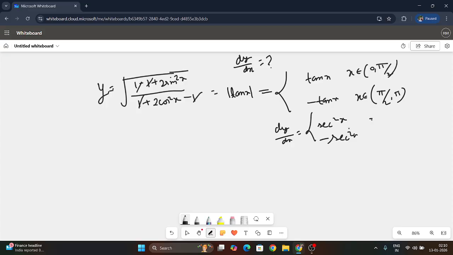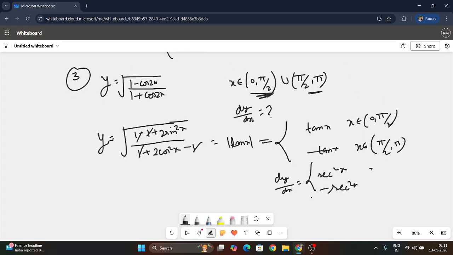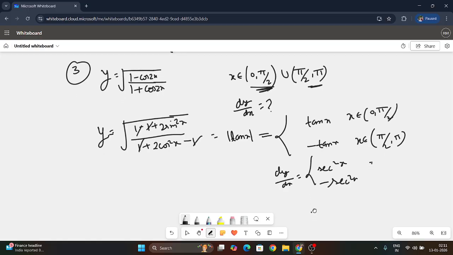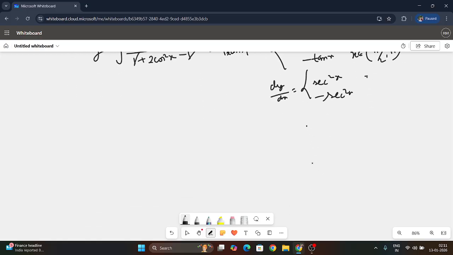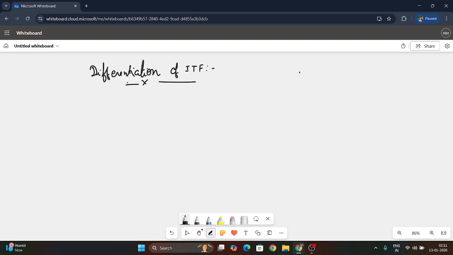So in this way, these are some problems, and now let's take some theoretical part, and that theoretical part is the differentiation of inverse trigonometric functions.